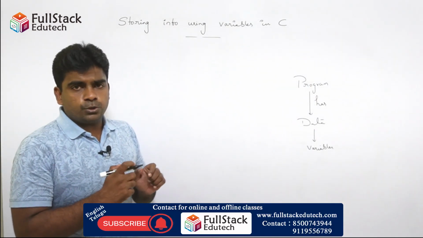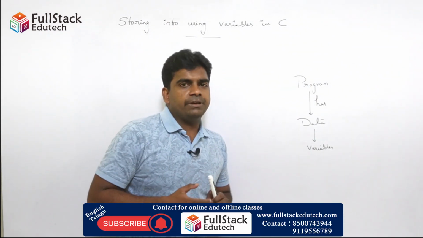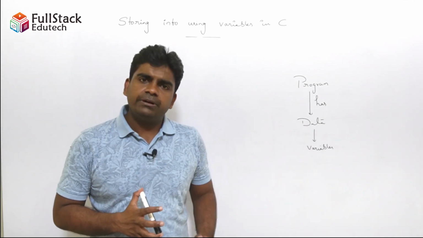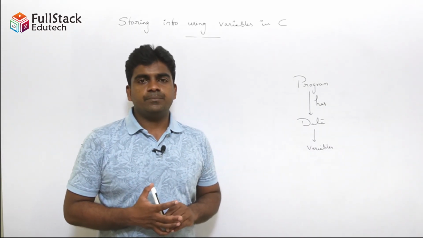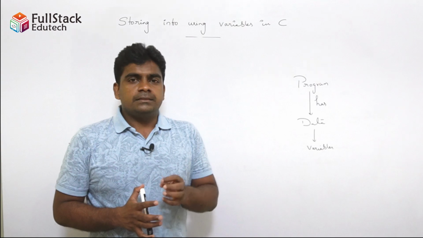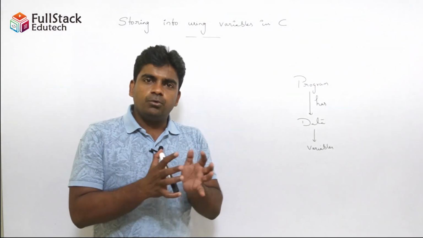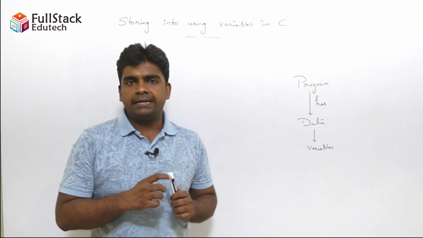If you want to store information into variables, of course, data types are required. Different data types are there, but mainly I'll explain what kind of data is stored in what type of variable.